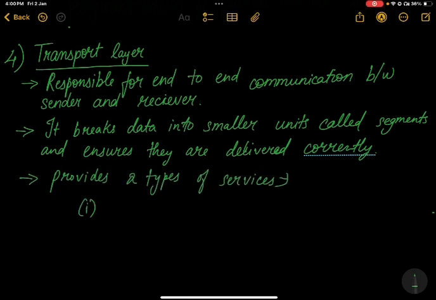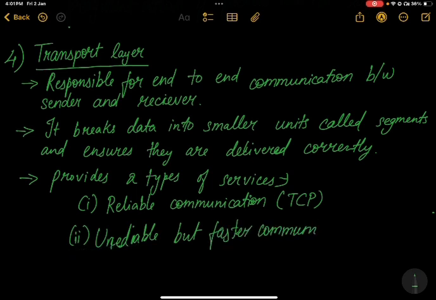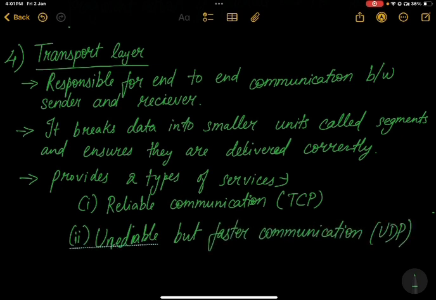One is reliable communication, which we call TCP, and the other is unreliable, faster communication, which we call UDP. TCP guarantees delivery, order, and error detection.